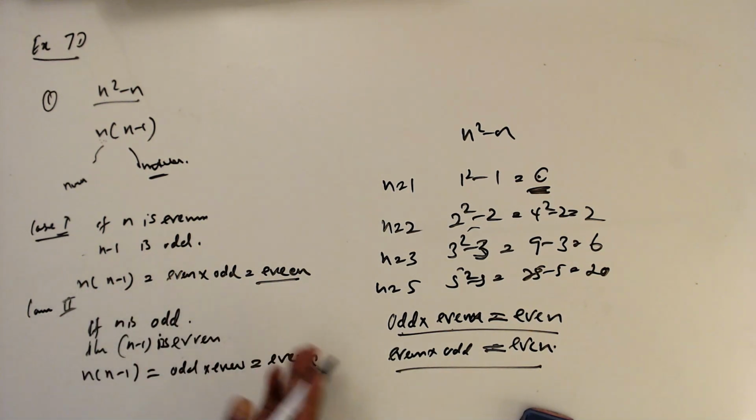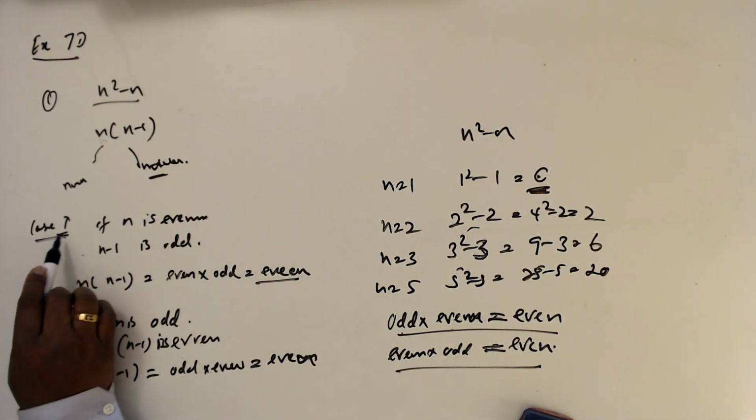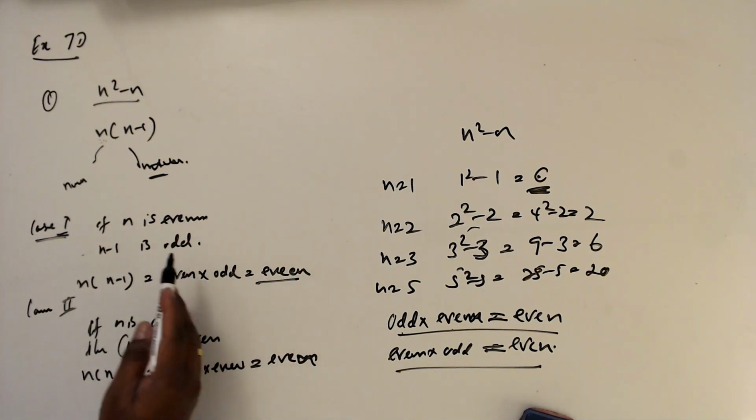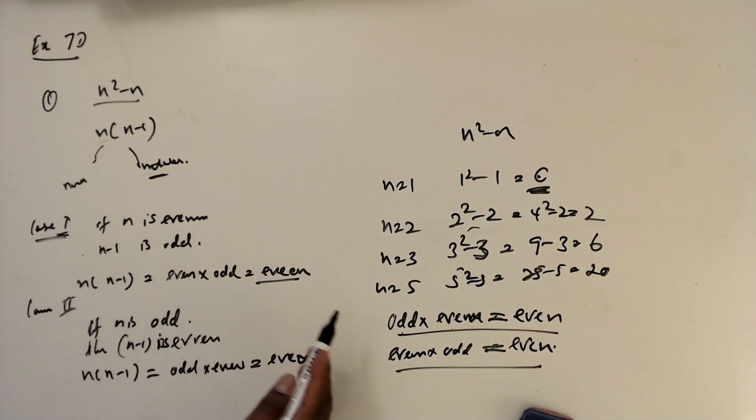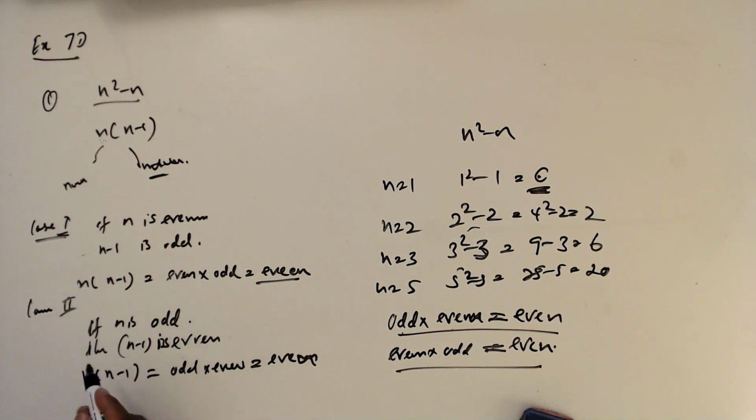Then there is no other option left. Case 1, the number can be odd or even, we discussed the even part. Then case 2, the number can be odd, then we discussed that part. Then there is no other part to discuss.